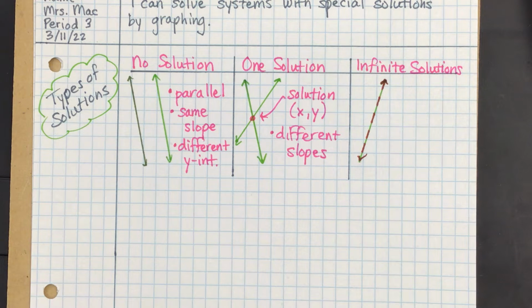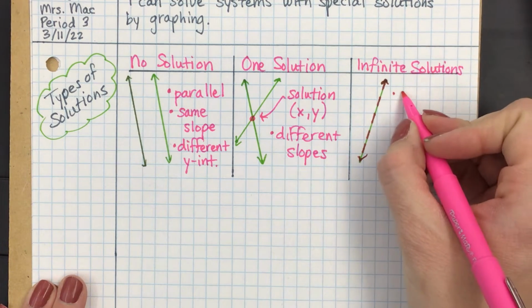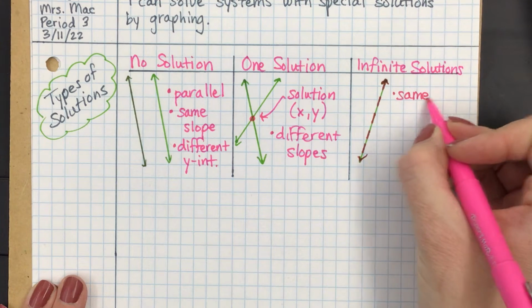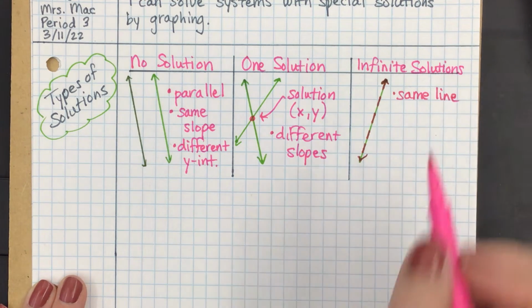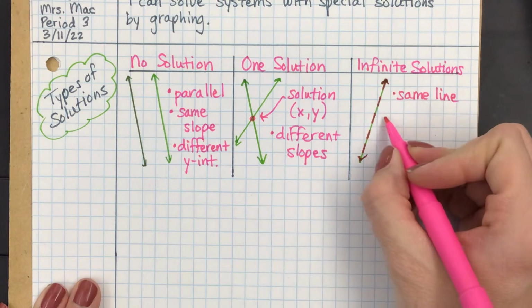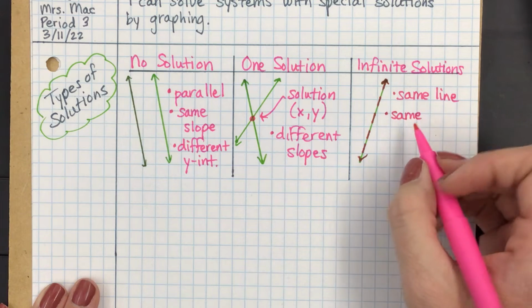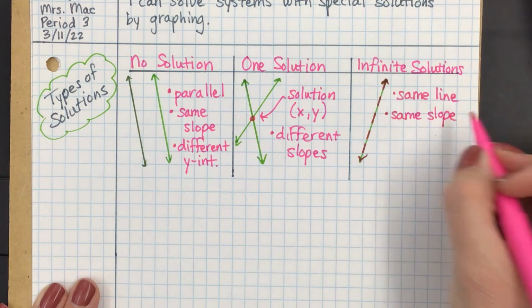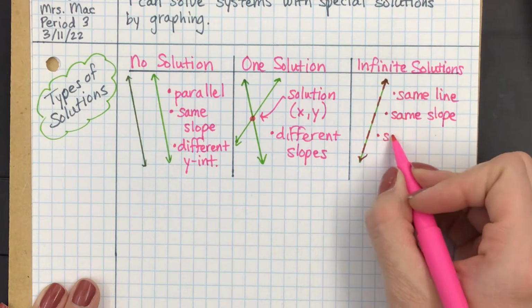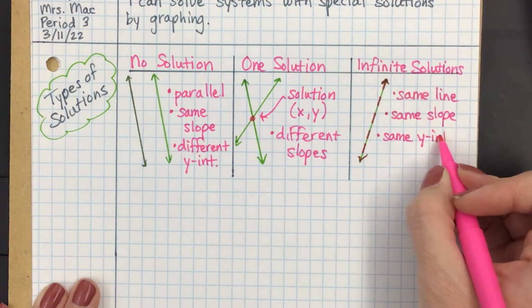The characteristics of this type of graph is that you basically have graphed the same line. The other defining characteristics is that they have the same slope and the same y-intercept.